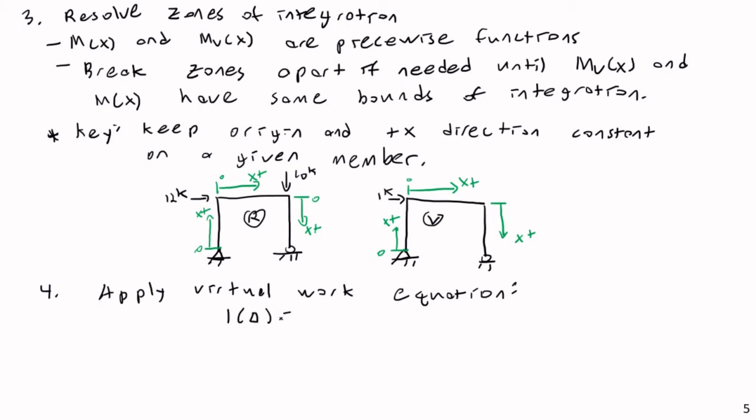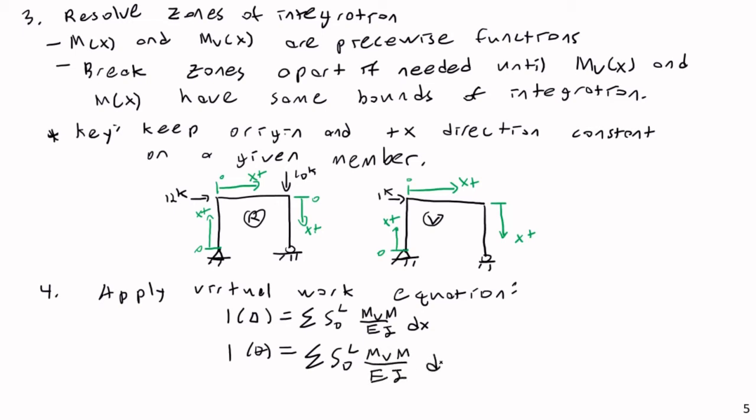Either 1 times delta equals the summation of the integral from 0 to L of mvm over EI dx, or 1 times theta is equal to the summation of the integral 0 to L of mvm over EI dx. And this is our basic method for virtual work.